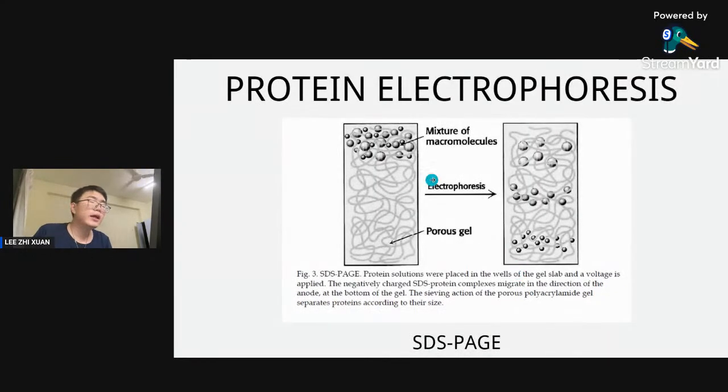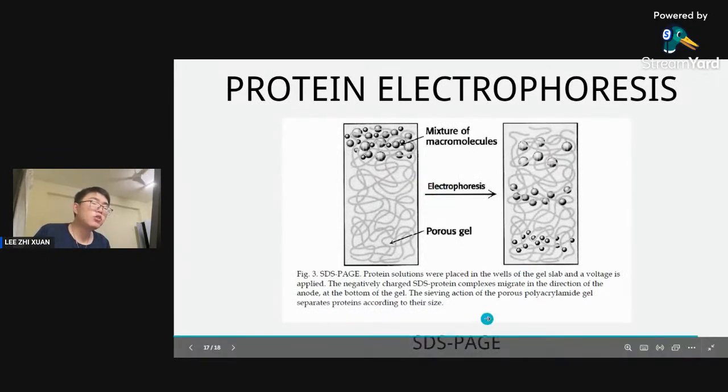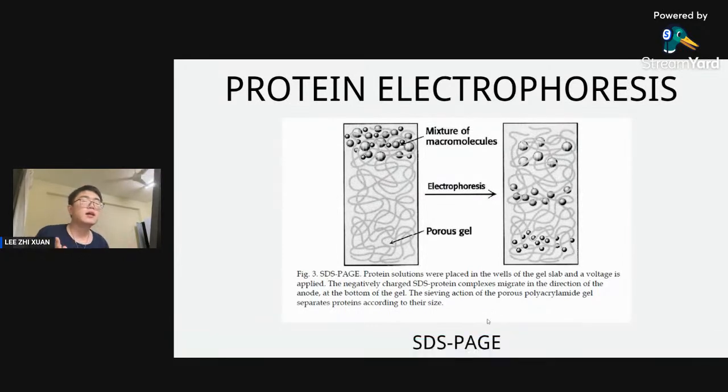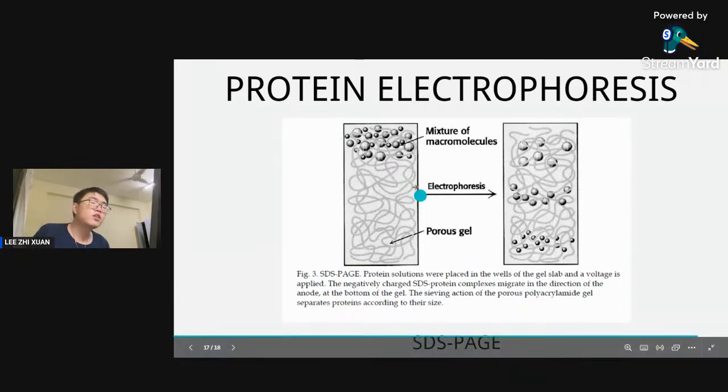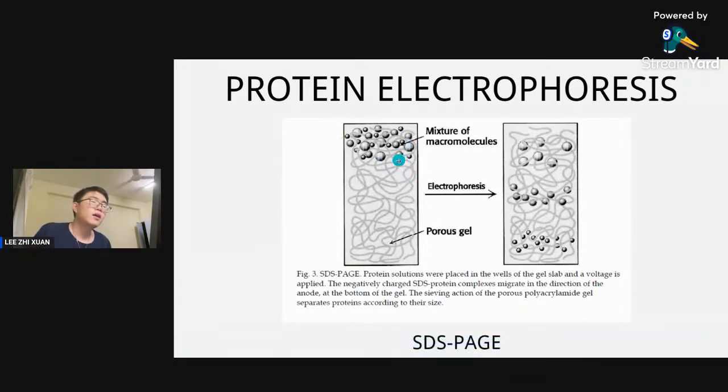Okay, and then this one is about SDS-PAGE electrophoresis. The principle is the same as the agarose gel. It also separates based on size. It's just that it is not agarose gel, it is SDS-PAGE gel.